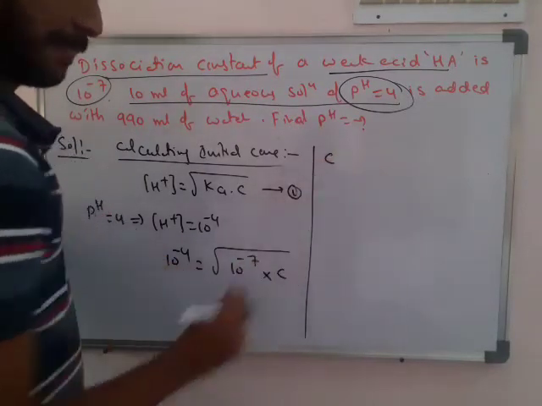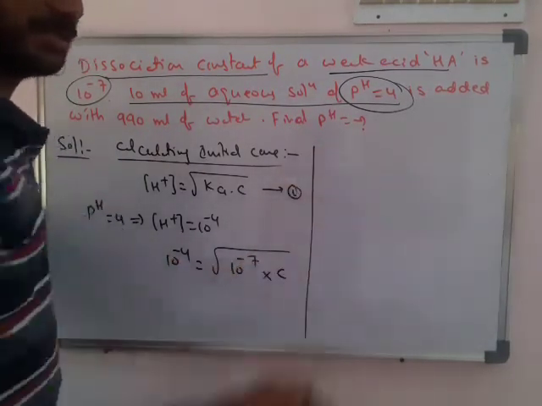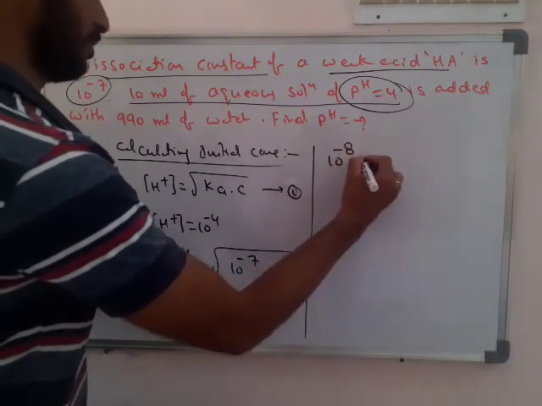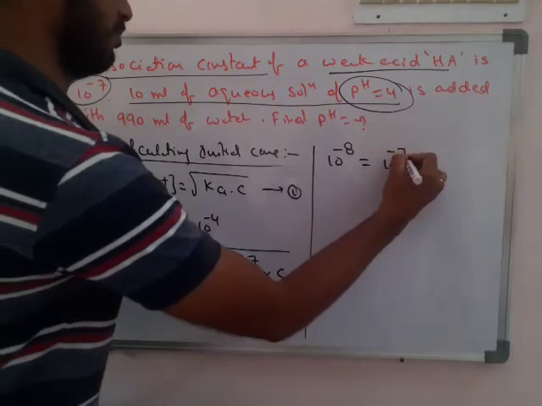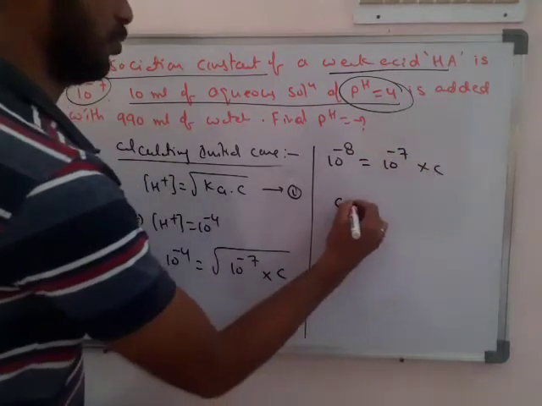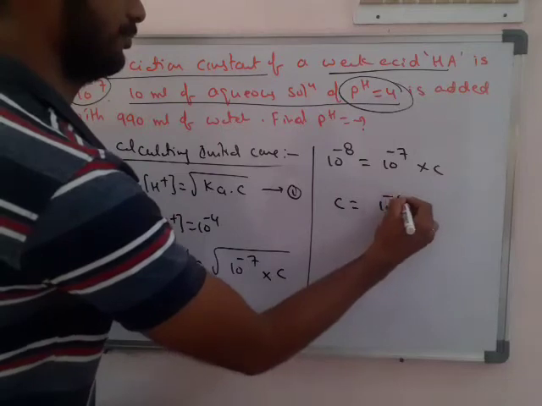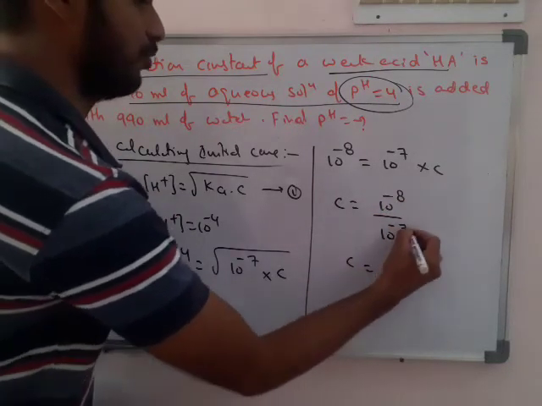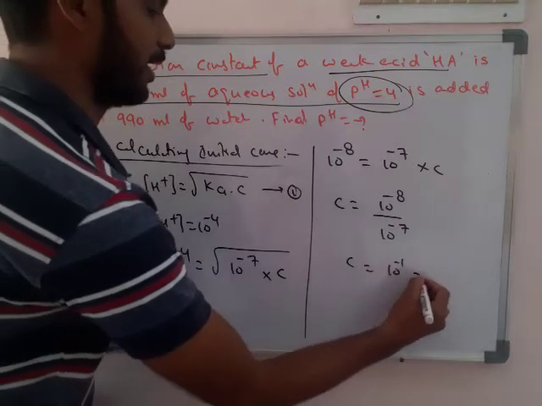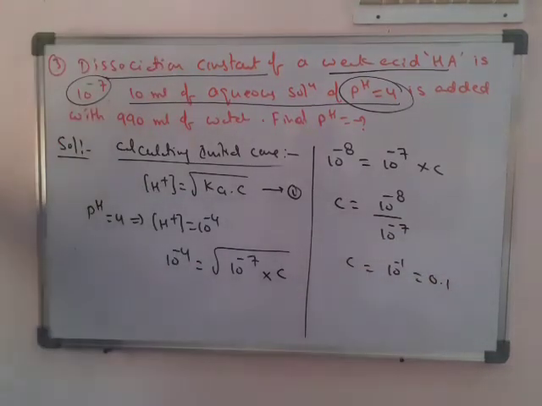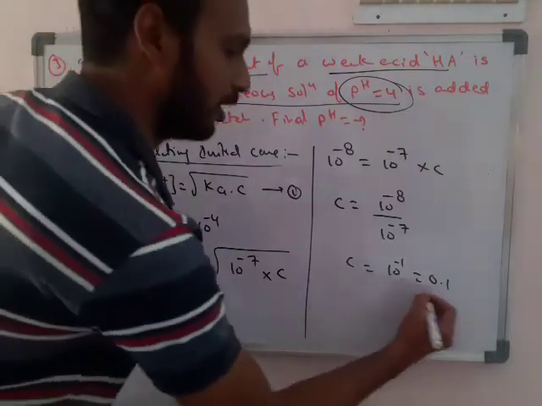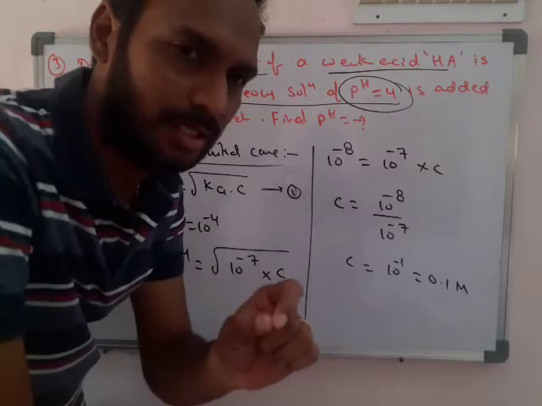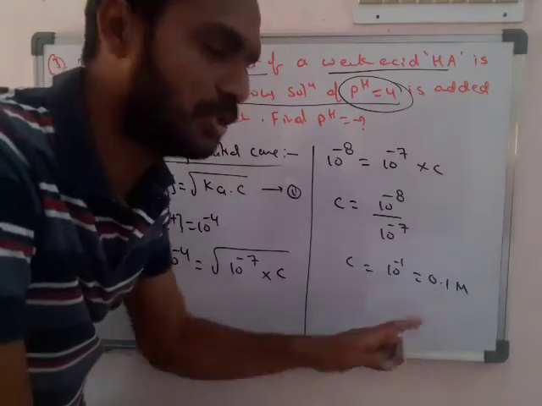Squaring both sides, we finally get the concentration C as 10 power minus 1, that is 0.1. So the concentration in the initial solution is 0.1 M.